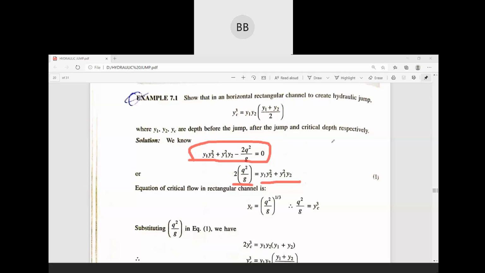Then we all know that the critical depth equation for a rectangular channel is (q square divided by g) to the power 1 by 3.